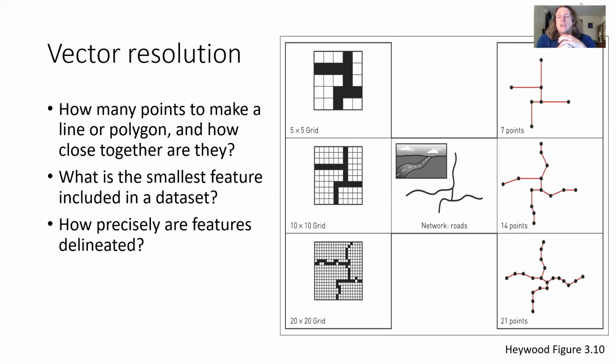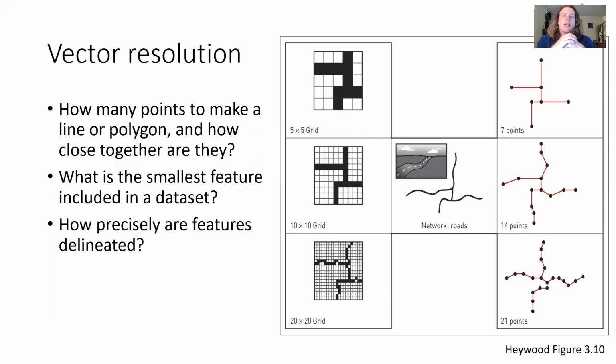So for instance, you can see on the left side of this figure, we've got a road layer represented by raster data at different resolutions. We have a 5 by 5 grid, 10 by 10 grid, 20 by 20 grid. The corresponding equivalent of that with vector data would just be how many points are we going to use to represent the lines? How many points represent the roads?